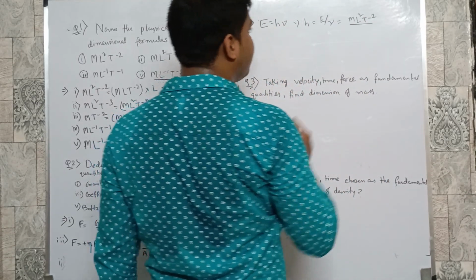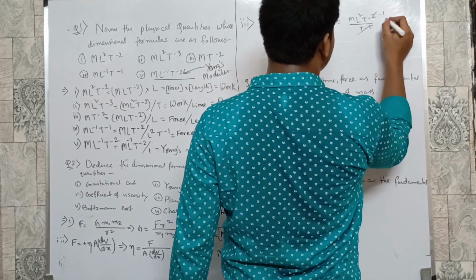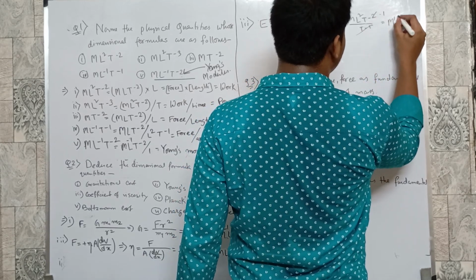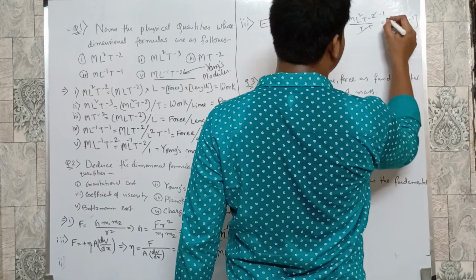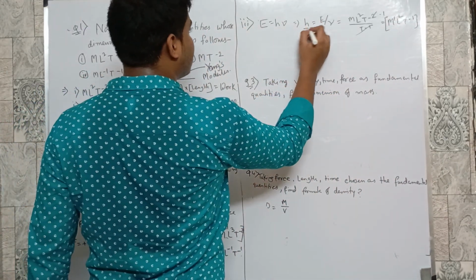Frequency is 1 by time period, so T to the power minus 1. So we are left with M to the power 1, L to the power 2, T to the power minus 1. This is the dimension of Planck's constant.